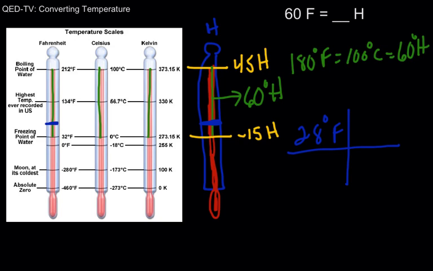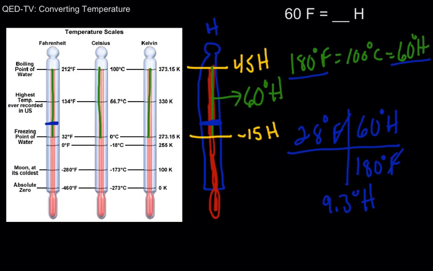So what's my conversion scale? Well, I see that for every 180 degrees of Fahrenheit change, I should have 60 degrees of Herman change. So if I take 28 times 60 on my calculator divided by 180, I get 9.3 degrees of Herman change. Now, that's not my answer. Remember, I'm trying to figure out, let's see, what did I do? I did 60 degrees Fahrenheit.